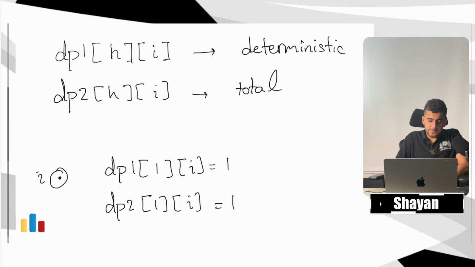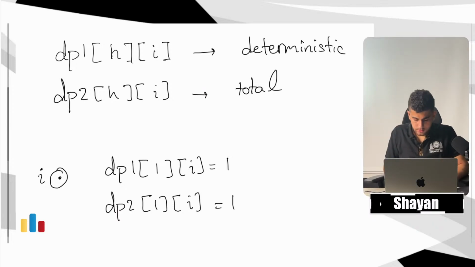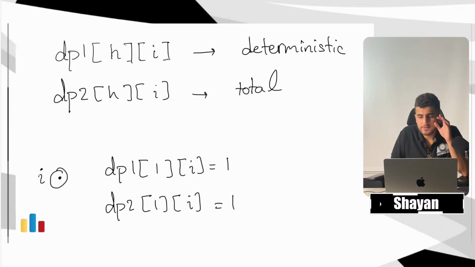The value of that leaf is going to be 1 and there's not going to be any issue in the subtree. So all the ways are going to be good ways, and both dp1 and dp2 are going to be 1. Do you agree? So for the leaves, it's going to be like this.